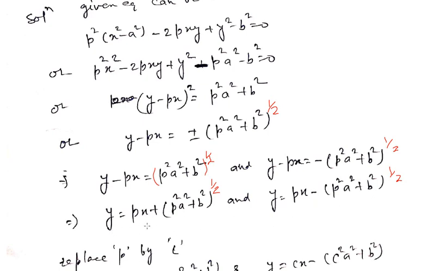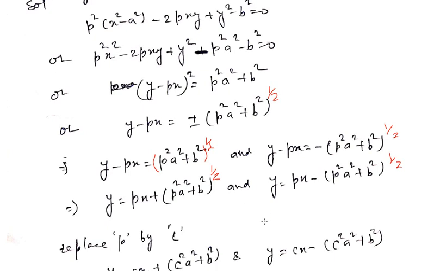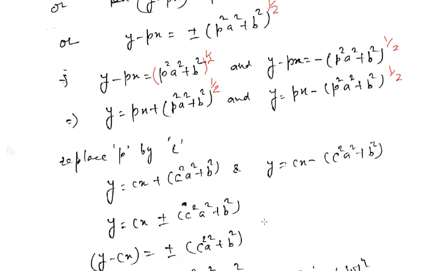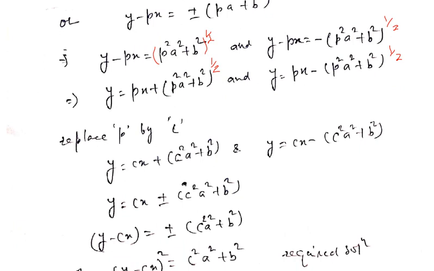So here we simply replace p with c. So we get y is equal to cx plus (c square a square plus b square) raised to power half.